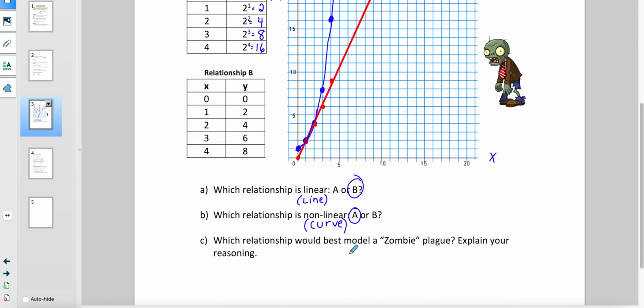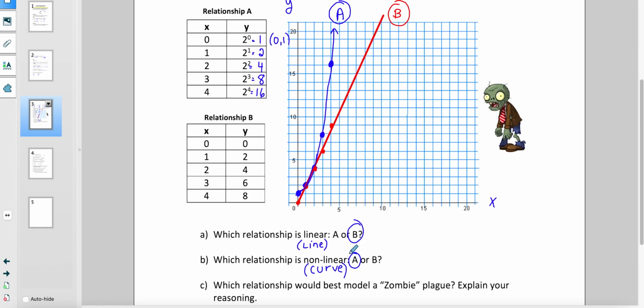And then which relationship would model a zombie plague, and explain your reasoning? Okay, so one relationship would be the more correct answer for a zombie plague because if you think about it, as zombies attack more zombies, if you have one zombie, then after a day you might have 2 zombies.